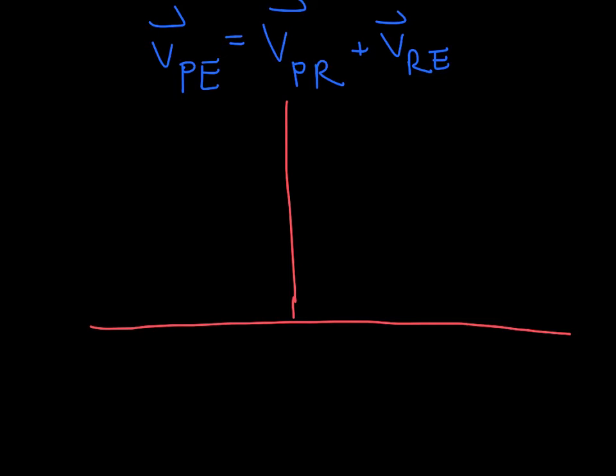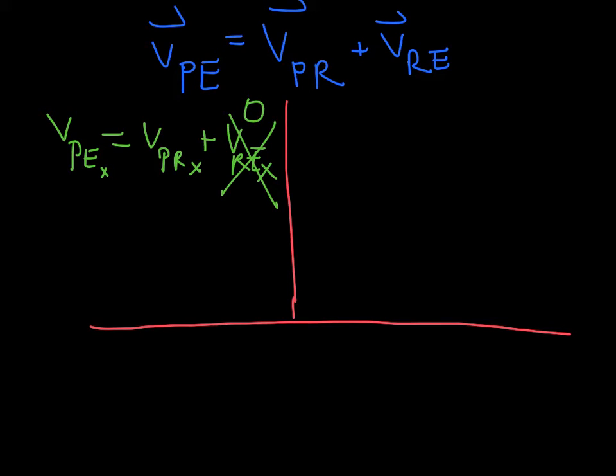Whether it's a vector means you have to break it up into components. So we get V_PEx equals V_PRx plus V_REx. In this case, does the river move in the x direction? Nope, only goes in the y direction. This one goes to 0. So this is going to be equal to 3 meters per second, because the person in this case is only swimming in the x direction.